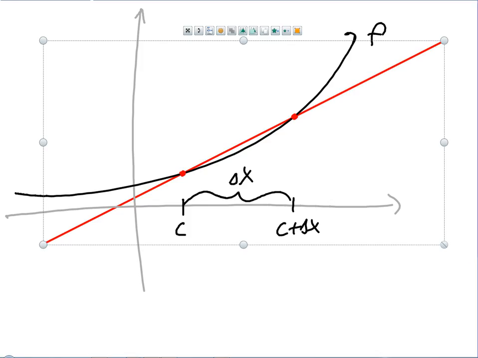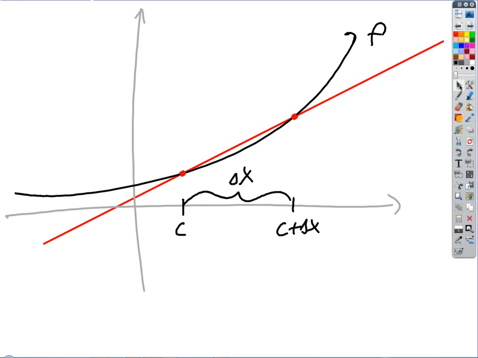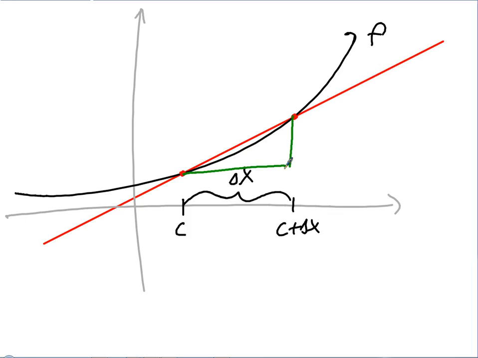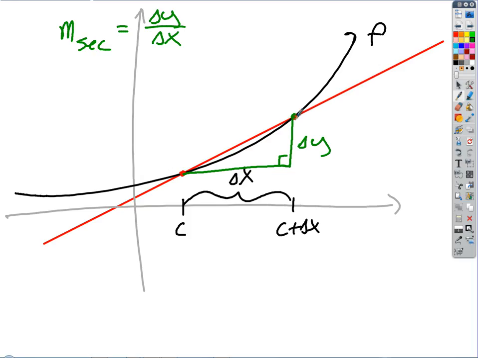So there's my tangent line. Right, if I draw a slope triangle, well, that's delta x, right? I could call this, if I want to, delta y. And the slope of the secant line is just rise over run, right? It's just going to be delta y over delta x. Okay, now then let's be a little more precise with what that delta y and delta x mean. Right. What are the coordinates of this point right here?